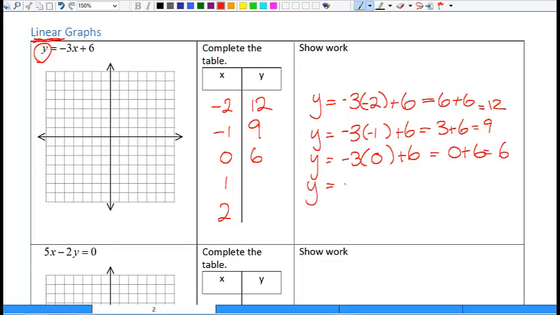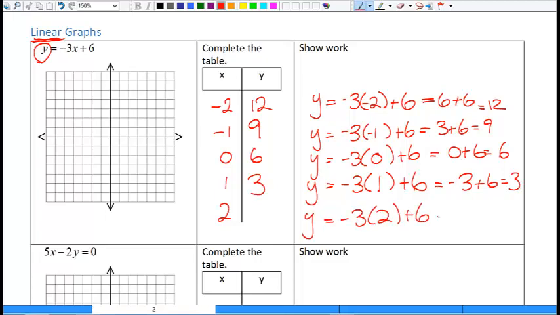Next one, y equals -3 times x plus 6, but instead of x I put a big old fat parentheses and stick in my value of 1. -3 plus 6, that's 3. And y is equal to -3 times 2 plus 6, which is -6 plus 6, which is 0.